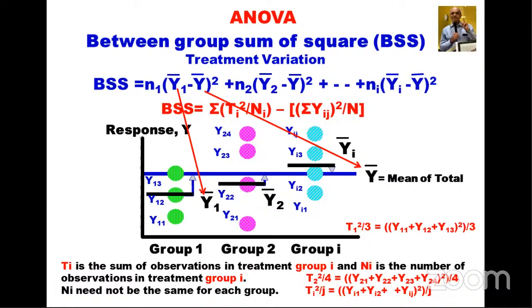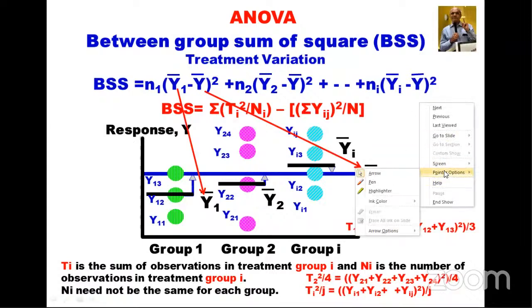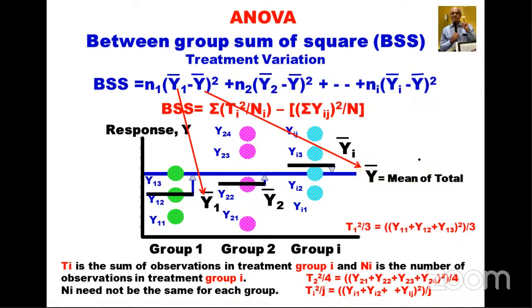We have taken the overall mean, that is y bar, sum of all divided by number, then the mean of the first group, that is y1 bar, the mean of the second, that is y2 bar, and the mean of the last, that is yi bar. So this is the calculation for BSS, in between the groups.